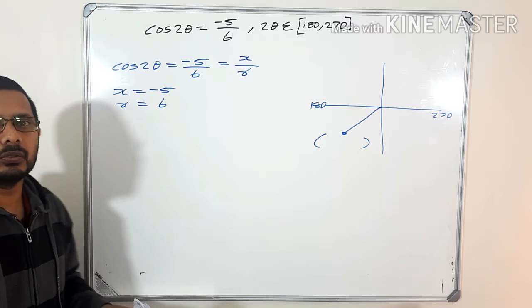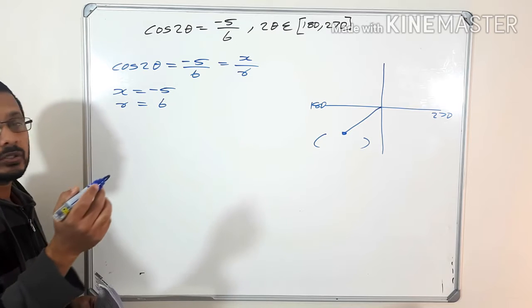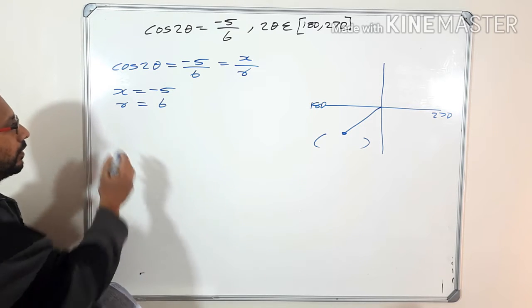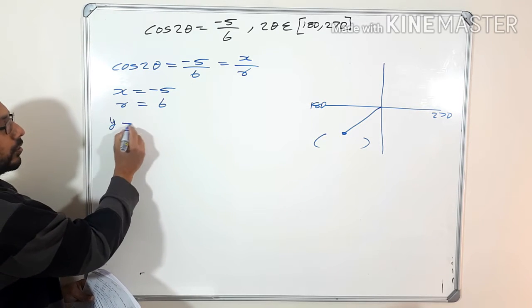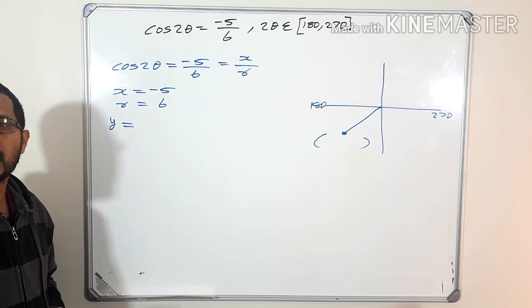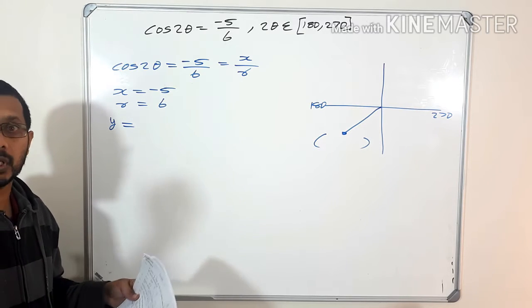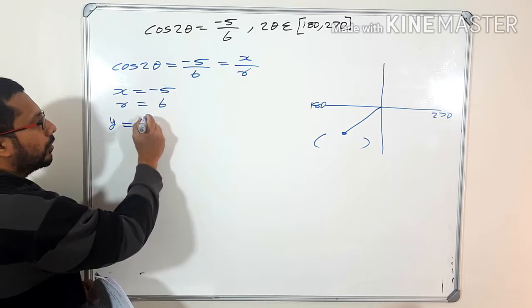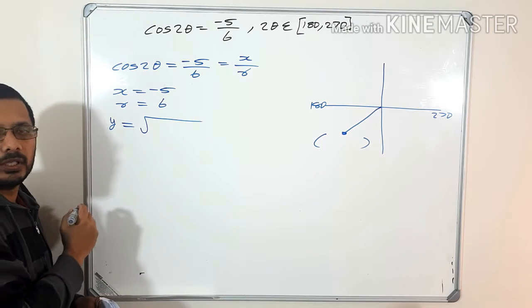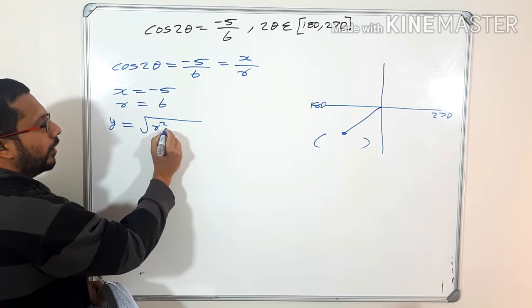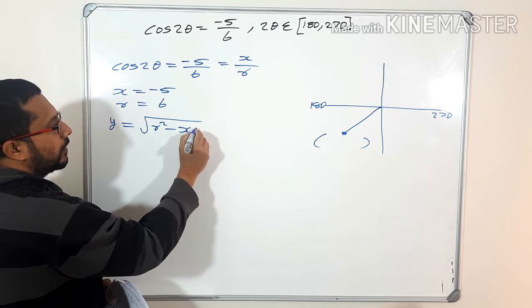Last class we also did a similar question like this. How can you find the value of y? Y is equal to the root of r squared minus x squared.